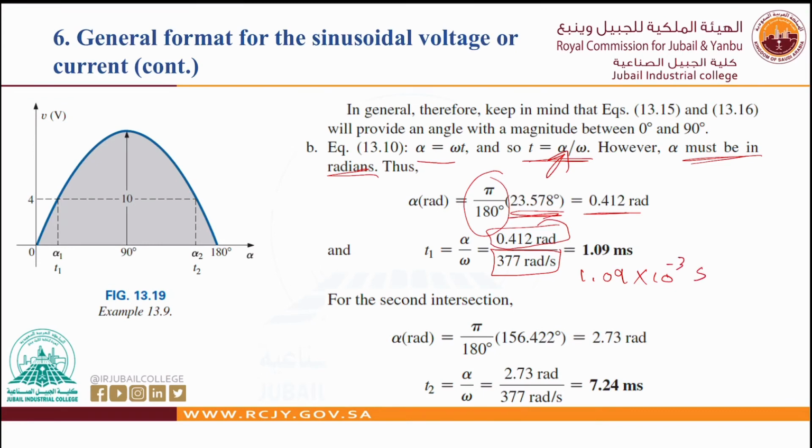For the second intersection, for the second alpha, alpha is equal to pi over 180 multiplied by this angle to change it to radians. So T2 is equal to alpha over omega. Alpha is 2.73 divided by 377, which equals 7.24 milliseconds, or 7.24 multiplied by 10 to the power minus 3 seconds.